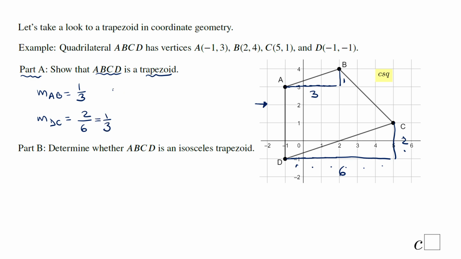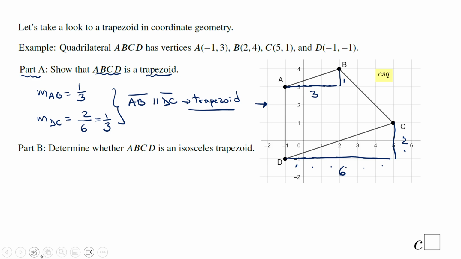If you notice, these two slopes are the same, so that means AB is parallel with DC. Now, if we take a look at the picture, AD has an undefined slope and BC is not undefined. So yes, this is a trapezoid, because those two segments, the bases, are parallel segments.